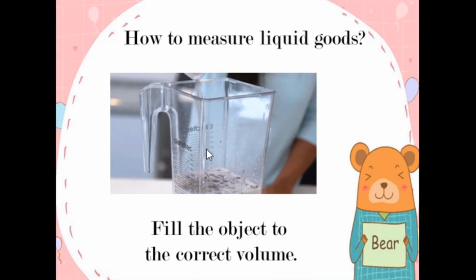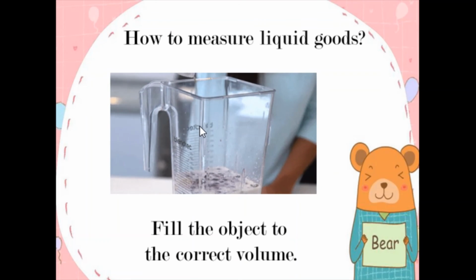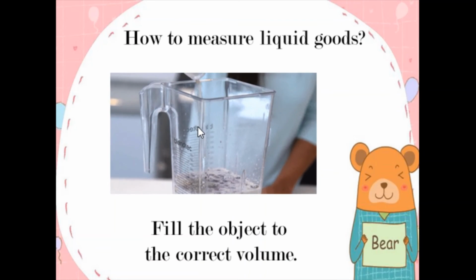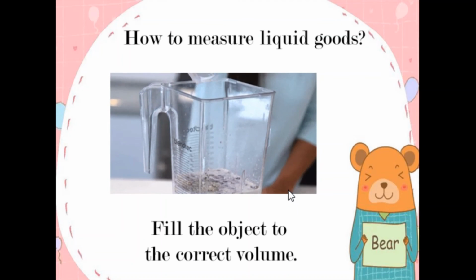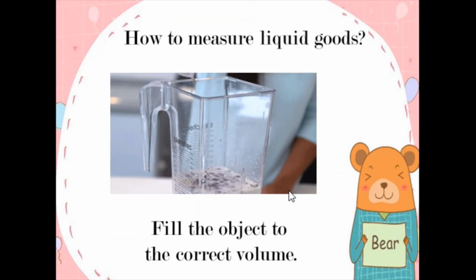Just look at the picture above. You're going to pour the liquid good onto the measuring tool until it arrives at the correct volume. Okay? That's for dry goods and liquid goods.